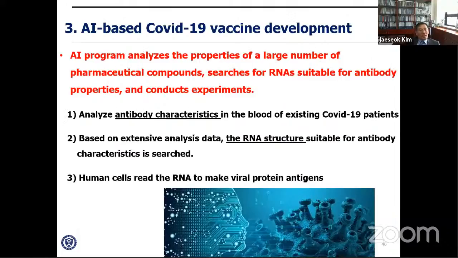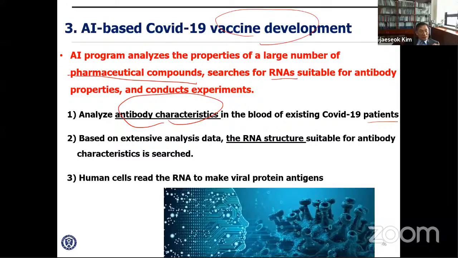The third topic, which we are really waiting for, is vaccine development. An AI program analyzes the properties of a large number of pharmaceutical compounds, searches for RNA suitable for antibody properties, and conducts experiments. Okay, the first step is to analyze antibody characteristics in the blood of existing COVID patients.